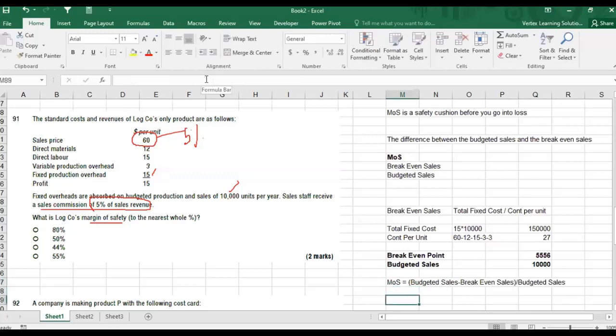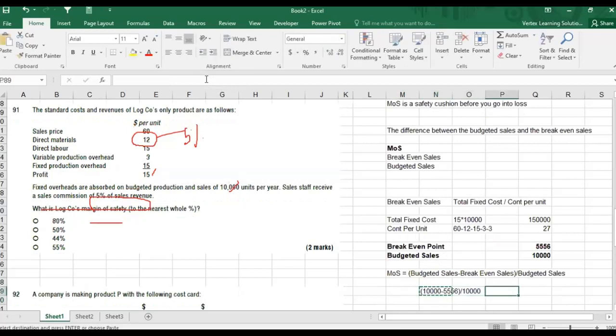So I should be doing it like this: (10,000 minus 5,556) divided by 10,000. This is going to give you the answer.